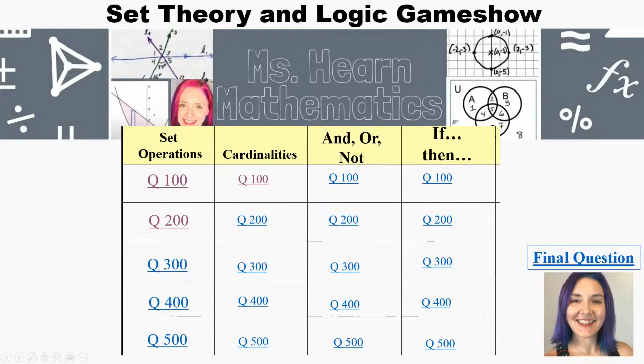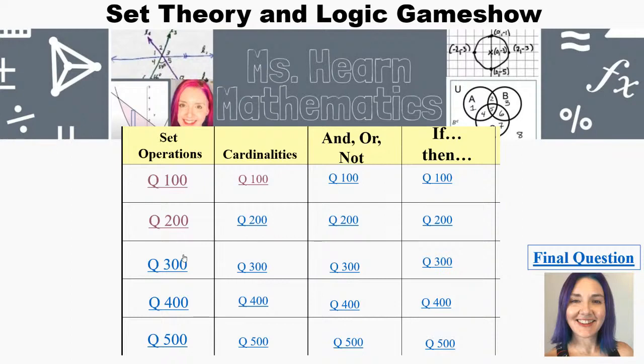Which category and amount do you want? The answer to the last question was 1, because there was one element inside that set.